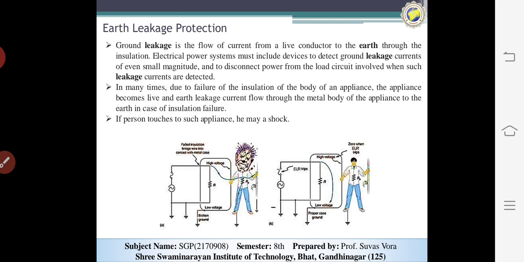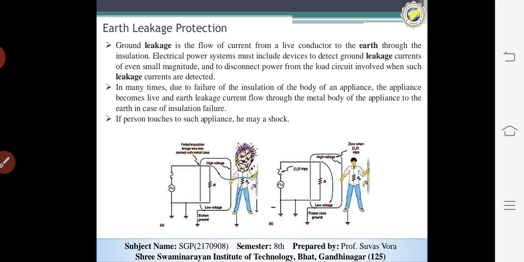So this is called earth fault protection. We can say that earth leakage means the basic circuit direction is changed to another path. This is called earth leakage.